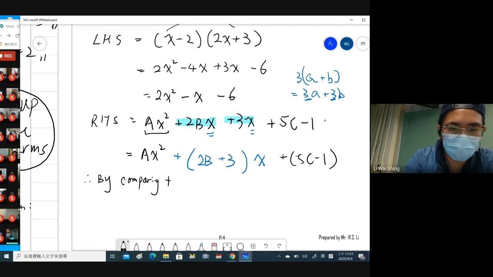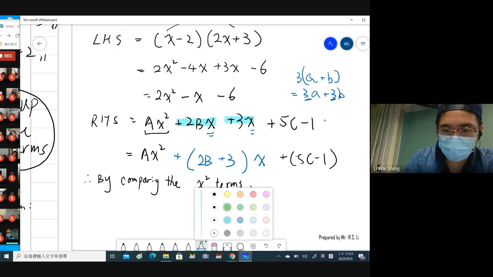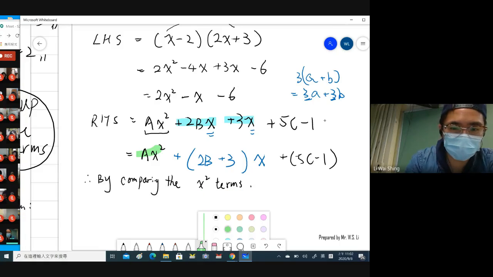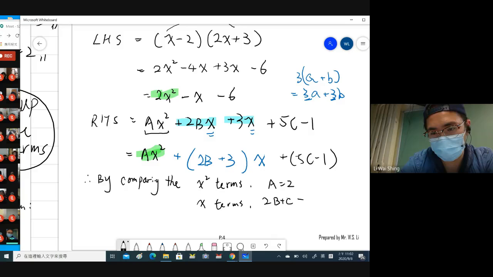By comparing, for example, the x squared terms, you know that x squared terms, so you get a is equal to 2. By comparing the x terms, you know that 2b plus 3, plus 3, not plus c. 2b plus 3.